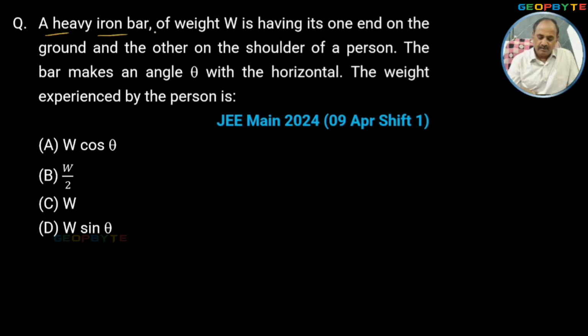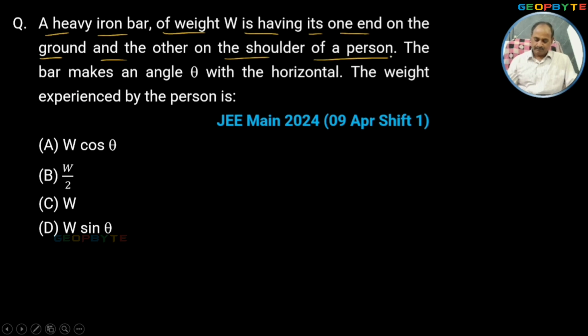A heavy iron bar of weight W is hanging with its one end on the ground and the other end on the shoulder of a person.